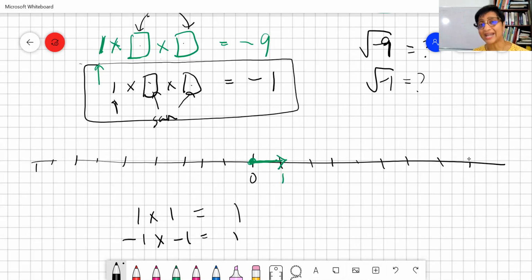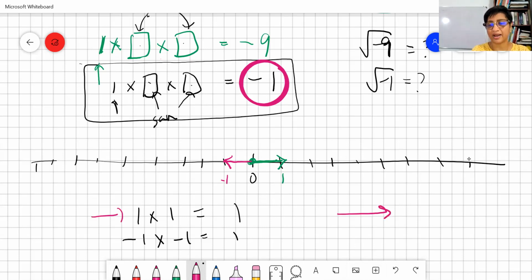But I have to end up facing here. My answer is -1. So I have to make two similar rotations. What are the two rotations? You start facing that way at 1. You turn once 360 with this, and another 360 with this, so you end up facing in the same direction, pointing to 1.